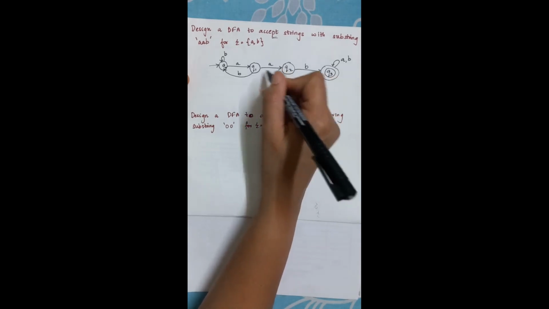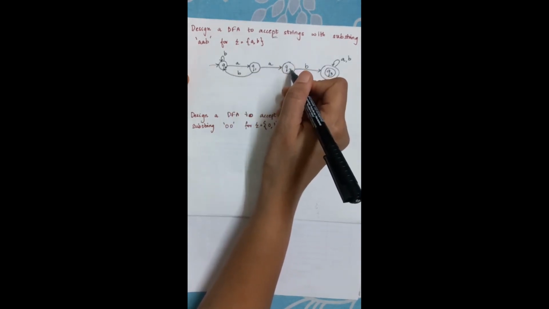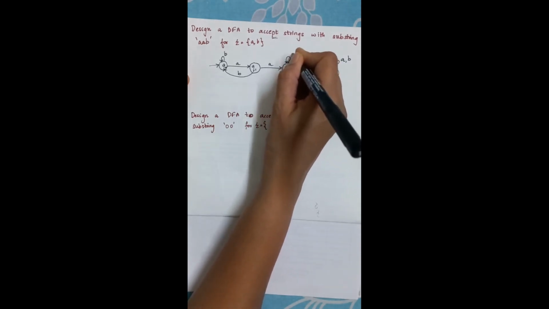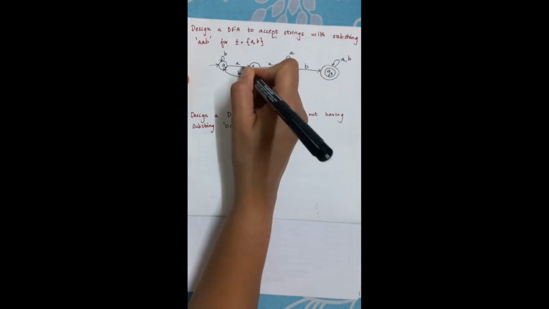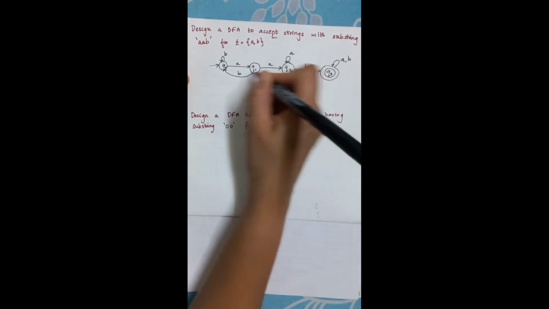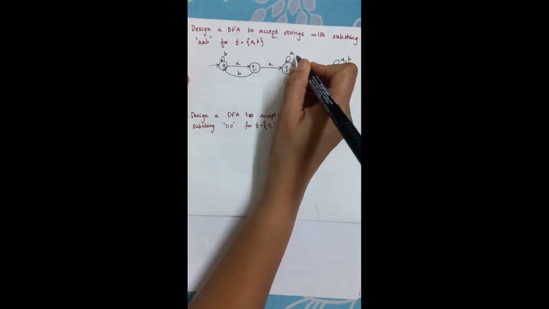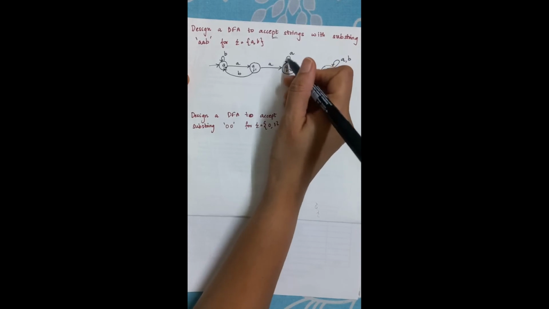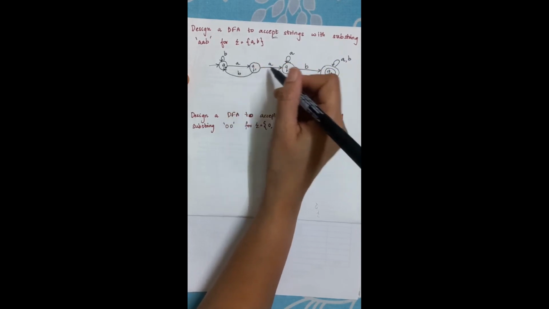But what if I get an A after Q2? Then it can continue to be here because initially I have only A's in my string. AAB. So there can be another A also. I can have AAAB.